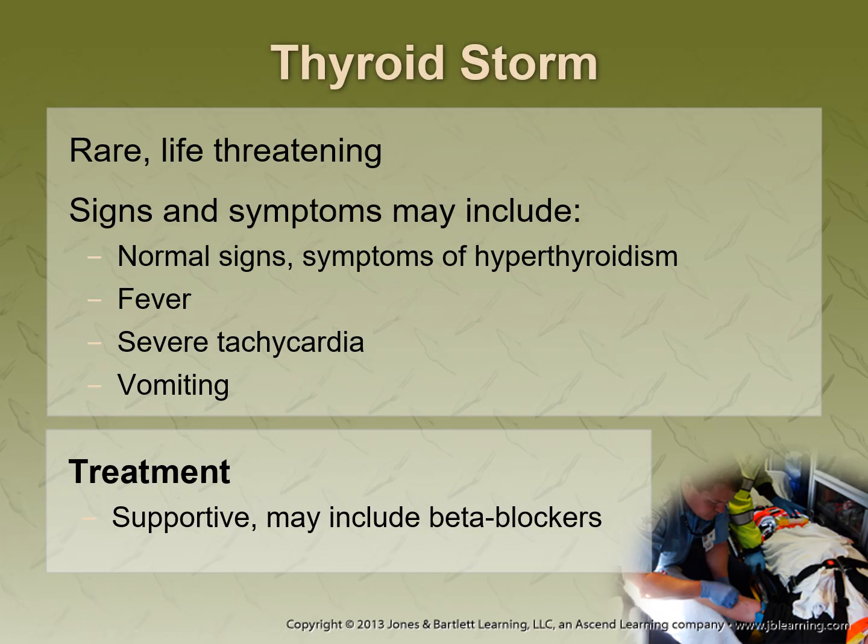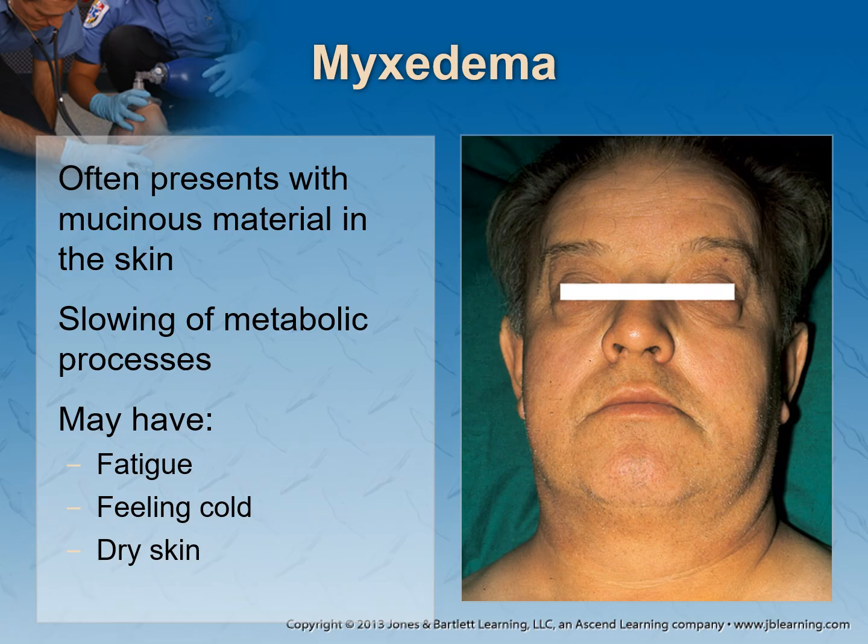We wouldn't differentiate them. Myxedema is structure and function problems after a longer period of low thyroid. In here it says it presents with that mucinous material of the skin. I think we described this as orange peel skin.